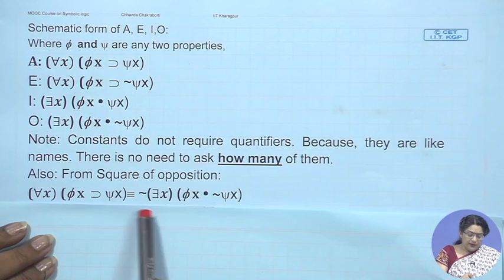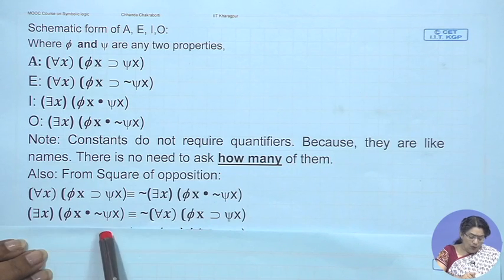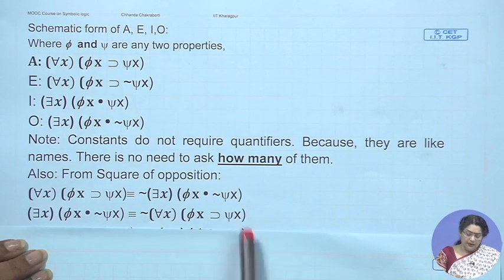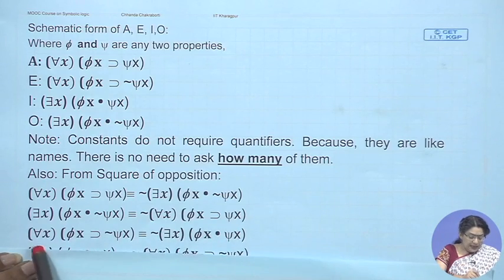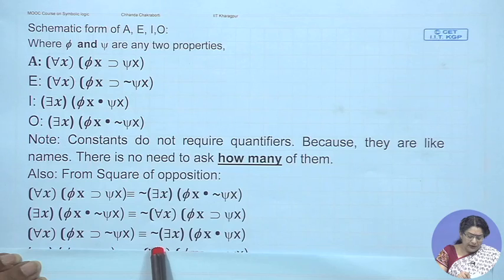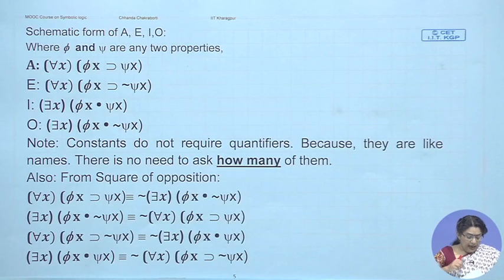A is equivalent to negation of O. Similarly, O is equivalent to negation of A, correct? This is E. E is equivalent to negation of I, correct, because they are contradictories, and I is equivalent to negation of E. Did you see that?